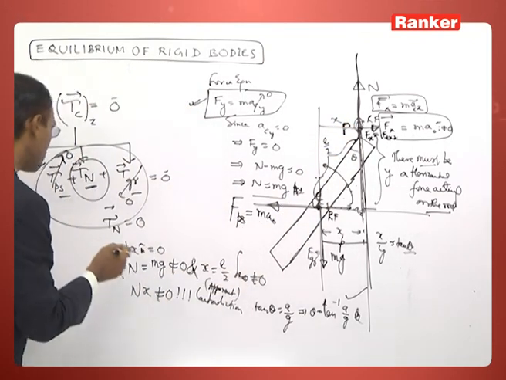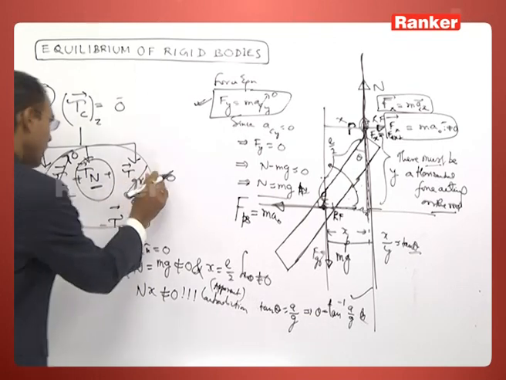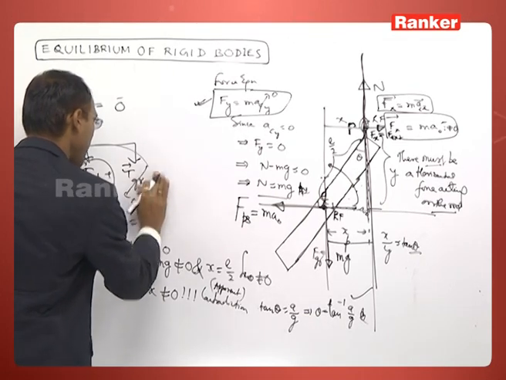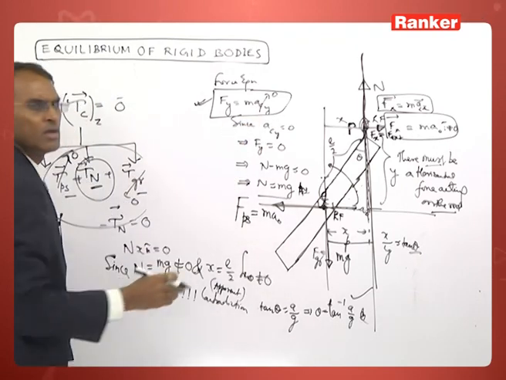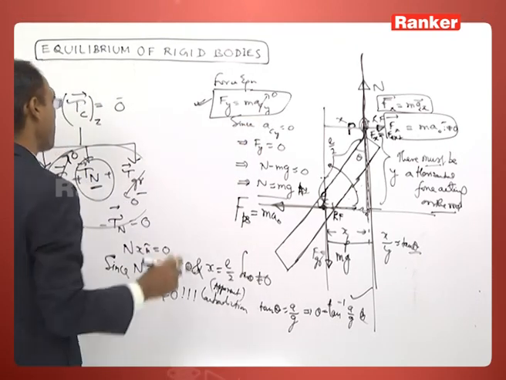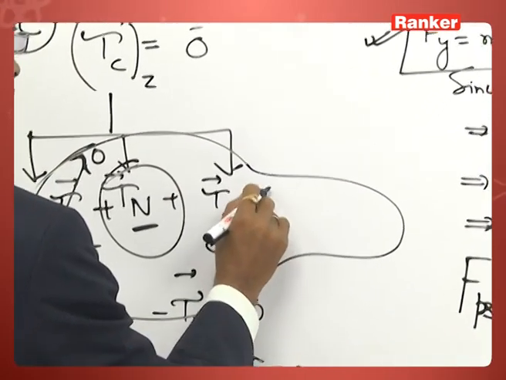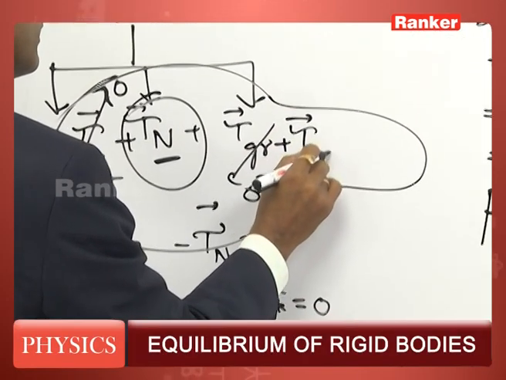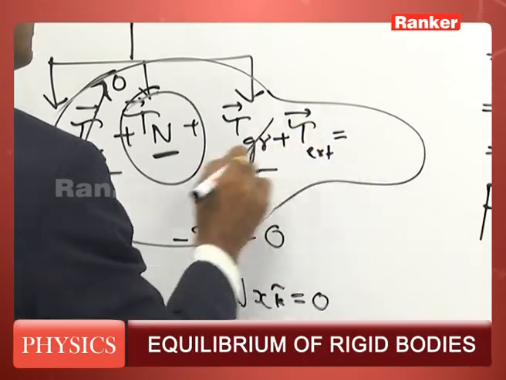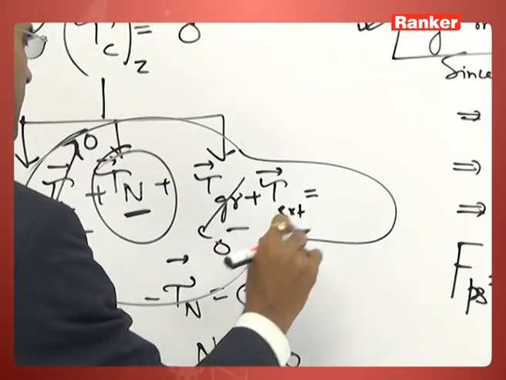So, the net torque will be 0 only when you add another force. If you consider the presence of the other force which is given by the external agent, the pulling agent, that is none other than the external force acting in the horizontal direction.